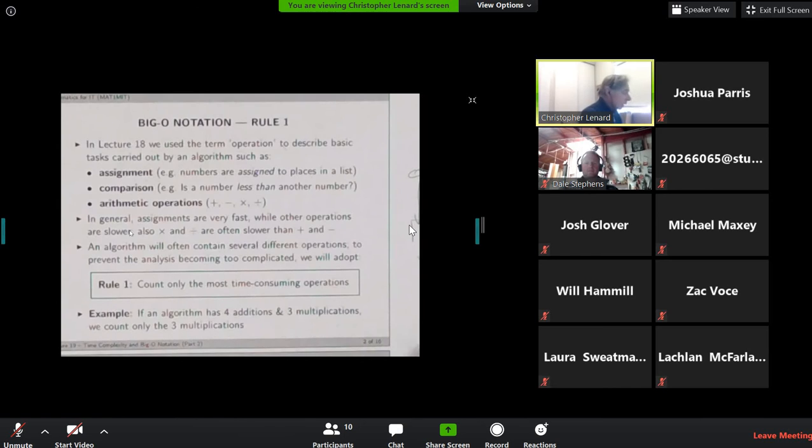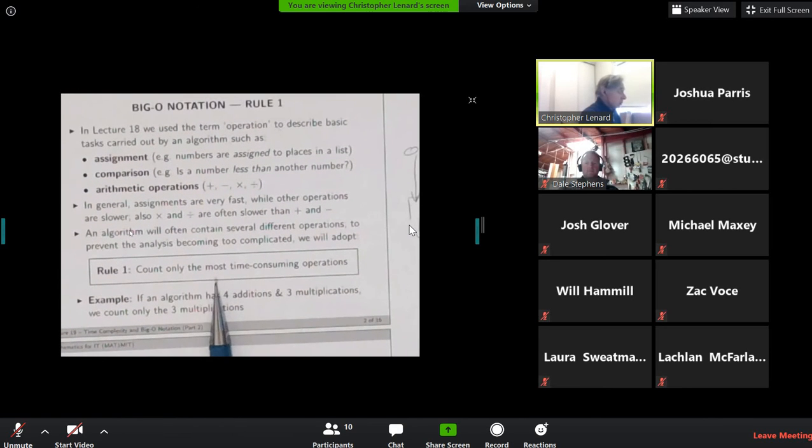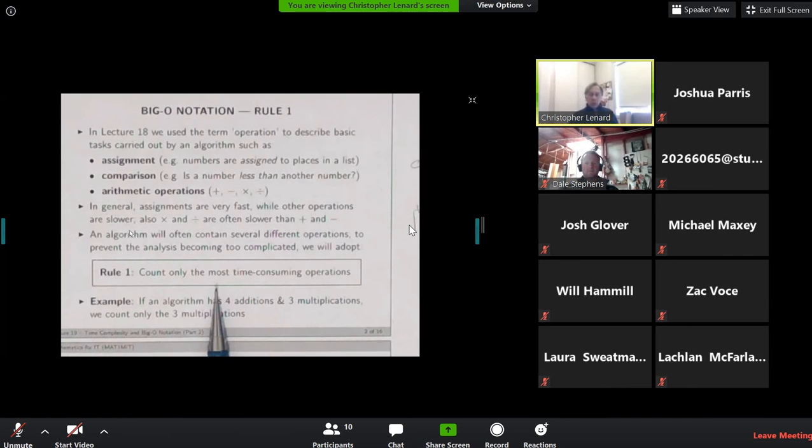And by and large, what we do is, if we've got arithmetic operations, then usually we just count the multiplies and divides together with the comparisons. So the first rule is you only count what is the most time-consuming stuff. This whole idea about the order of this big O notation is it's just trying to extract roughly how big things are.